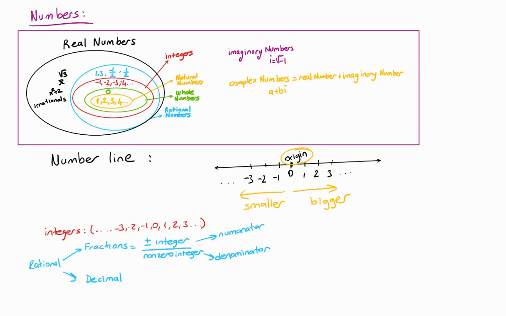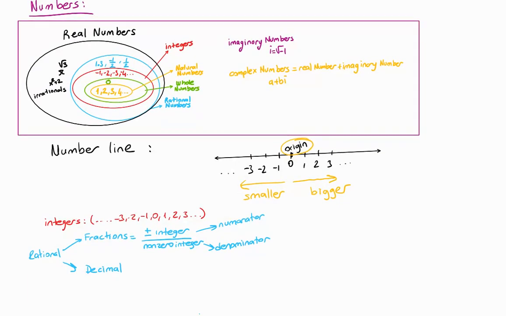So let's try to understand what I mean by real numbers. So we said integers, in this circle, in the yellow one, natural numbers, 1, 2, 3, 4, and it goes to infinity. When we add 0 to these natural numbers, we will get whole numbers.